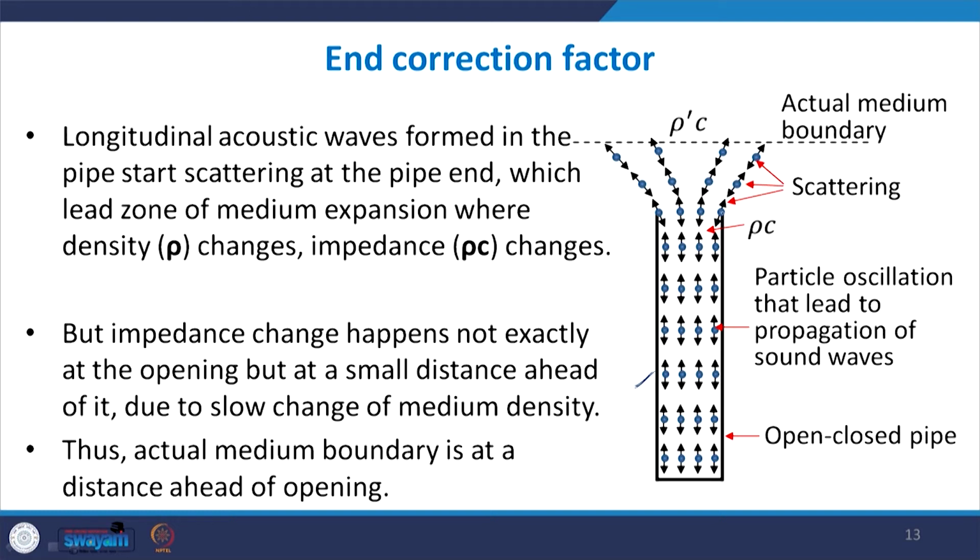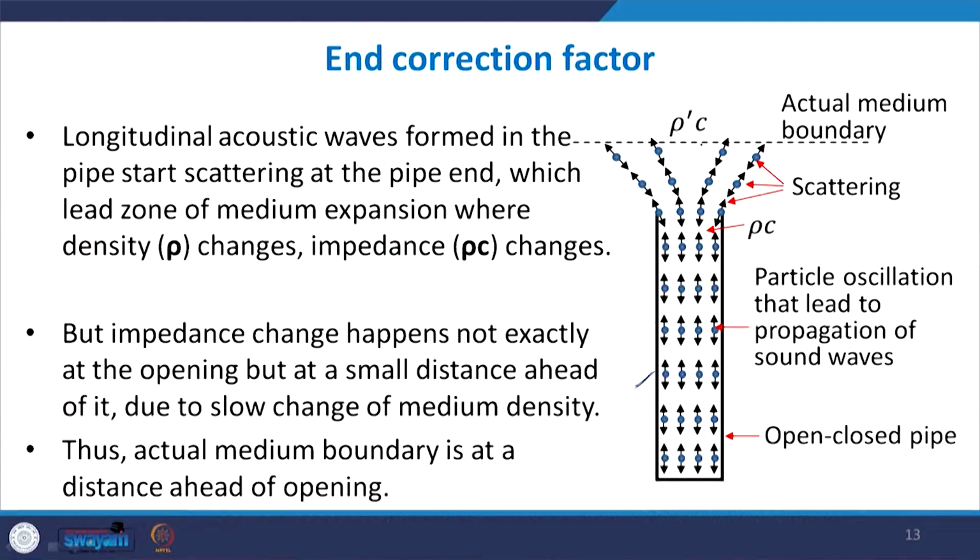Just at the edge we will have scattering and diffraction. The particles start to scatter while propagating. Let us say rho c is the impedance of this medium. As the particles scatter and expand, a zone of low density is created just above the tube, and after a certain length the difference between rho c and rho dash c will be significant enough to be considered a boundary.